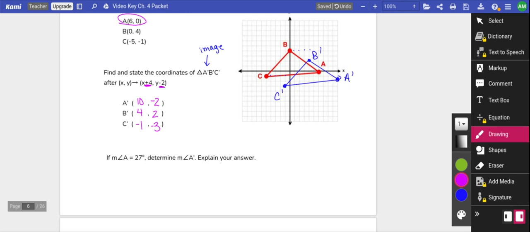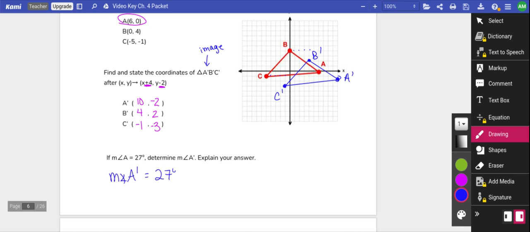Now the question follows up to say, if the measure of angle A was 27 degrees, determine the measure of A prime. Explain. So let's think about this. If A is 27, if it shifts on my grid and it slides, what would the measure of angle A prime be?